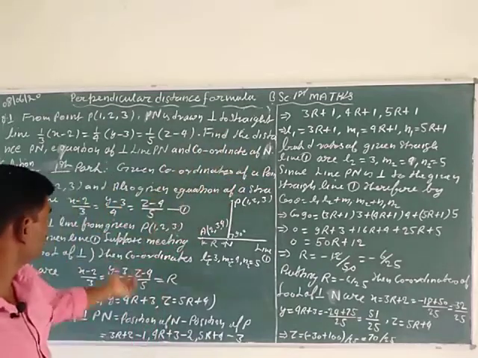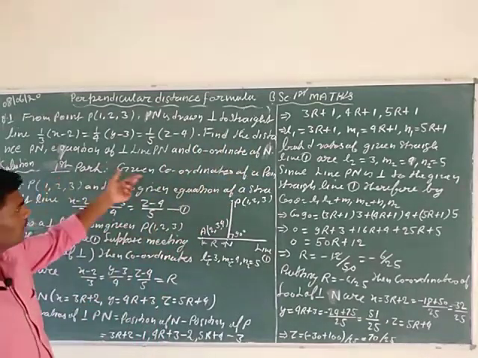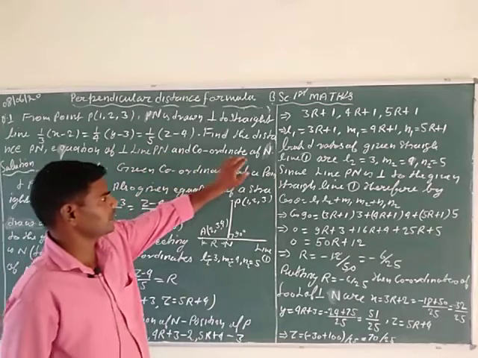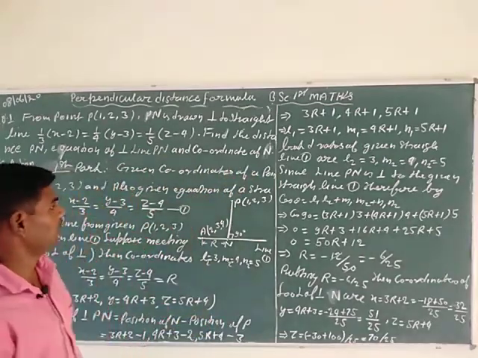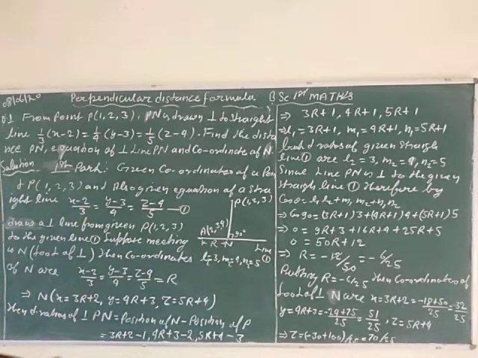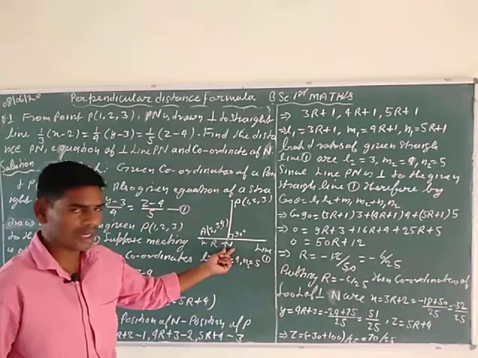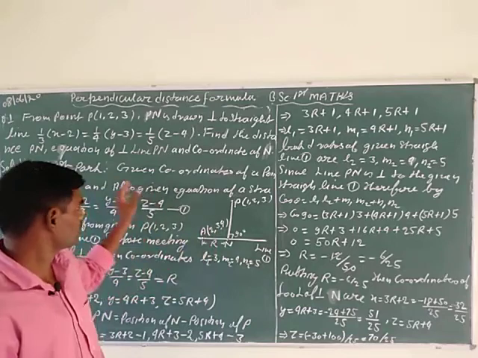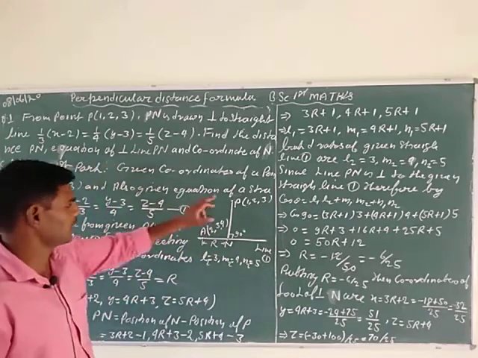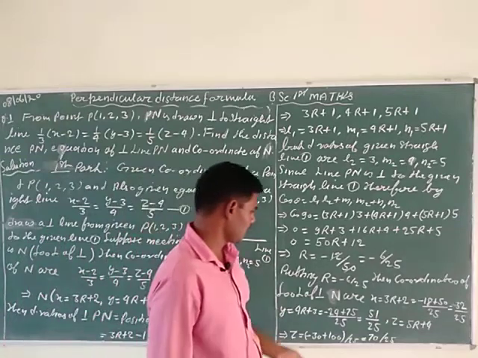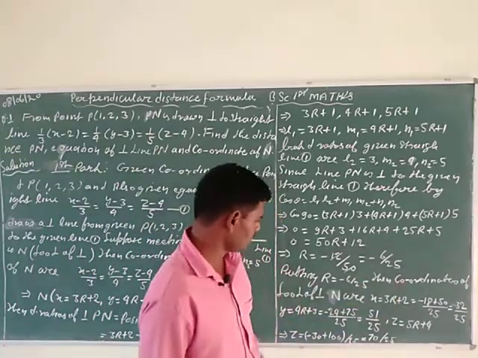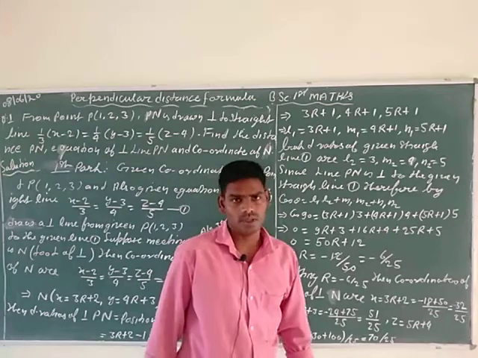So in this, the first part of the question, the coordinates of N, is completely solved. After this, with the coordinates of the foot of the perpendicular N, calculate the distance between P and N. P coordinates are 1, 2, 3 and N coordinates are 32 by 25, 51 by 25, 70 by 25.